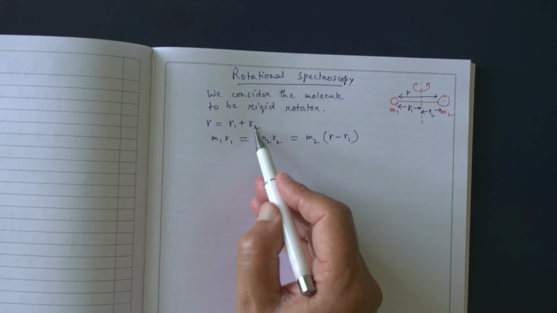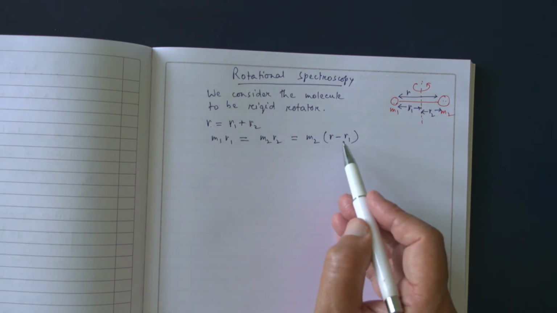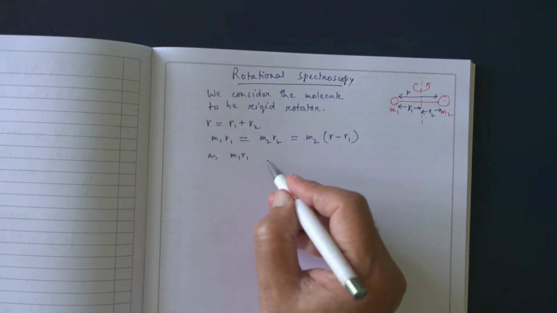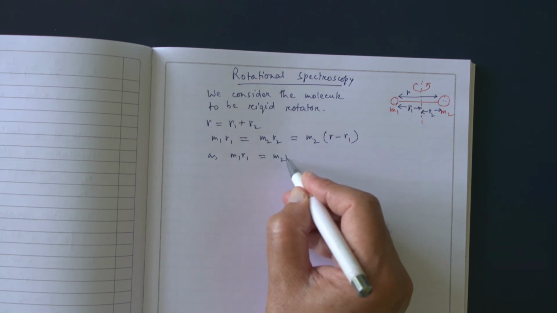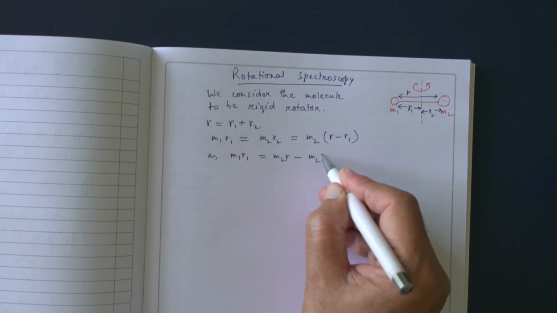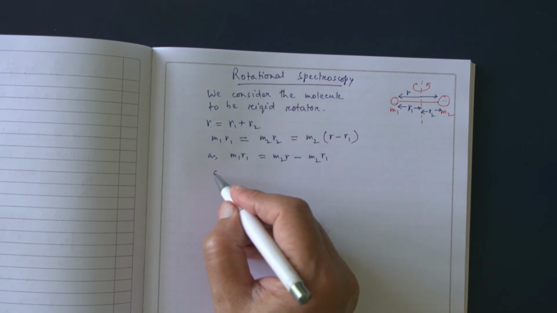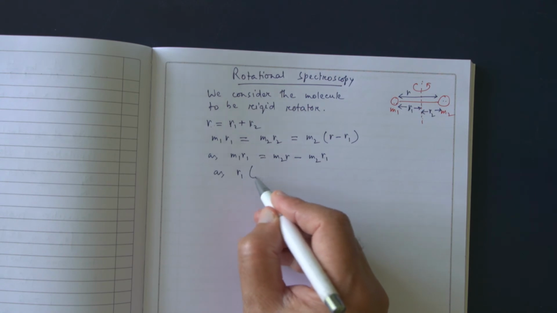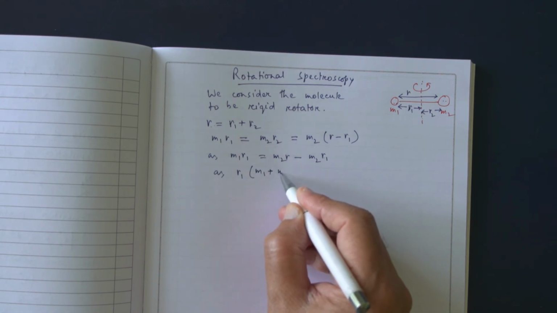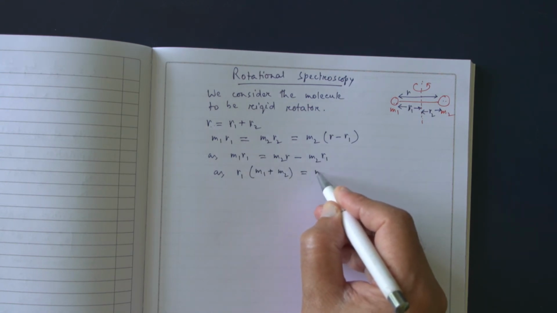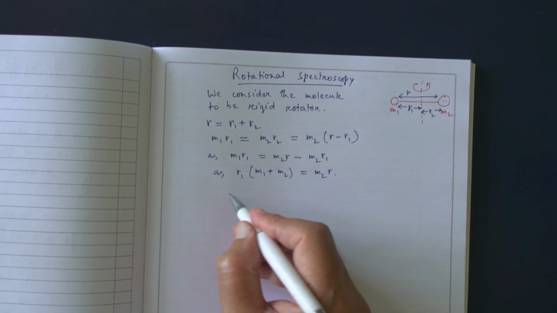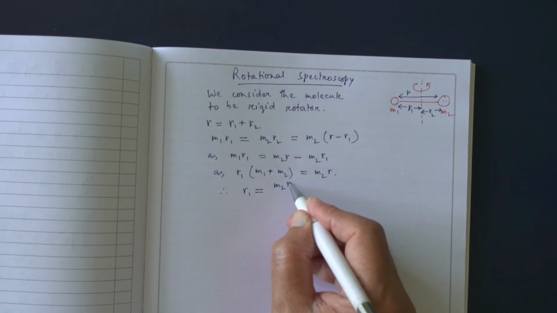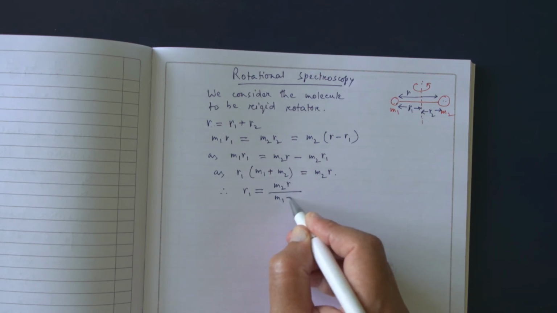M1 R1 equals M2 R minus M2 R1, or R1 into M1 plus M2 equals M2 R. Hence R1 will be equal to M2 R by M1 plus M2.